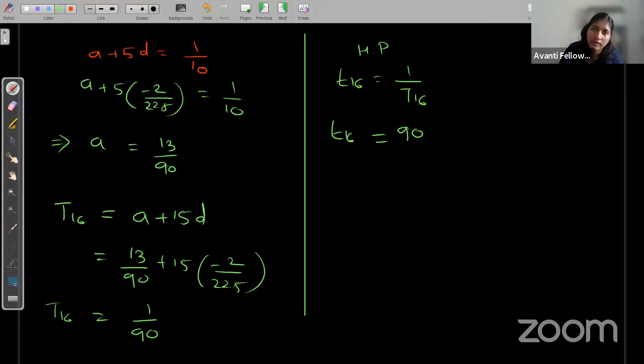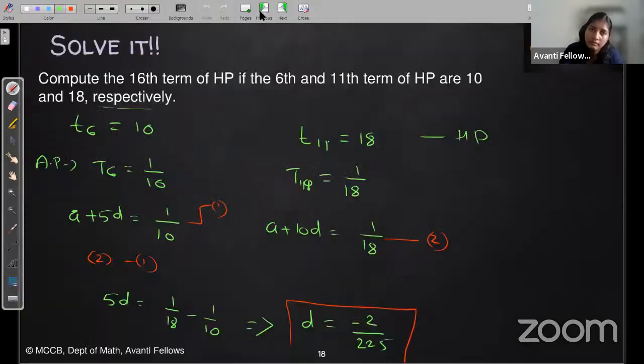Any doubt in this procedure? How have we done it? We just considered the 10th and 18th terms of HP and converted that into AP. We solved completely as we solve in AP, found the value of the 16th term in AP, and as we want the 16th term of HP, we took the reciprocal of it. This is what we have done in the problem.